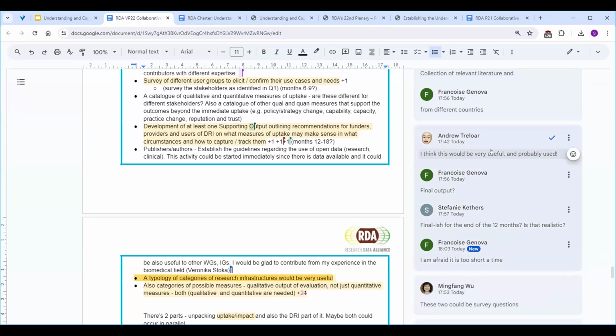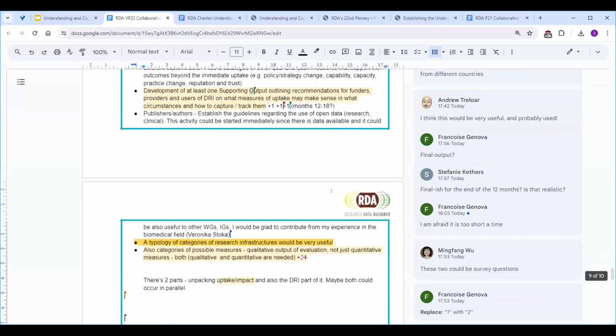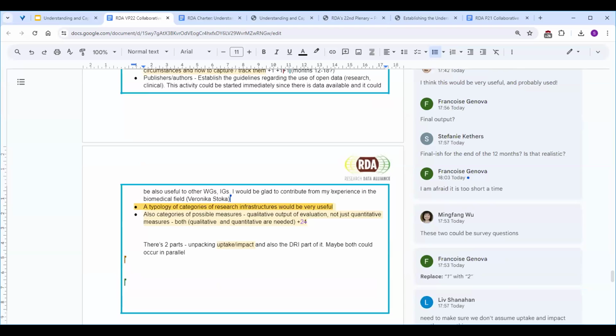Well, basically, in my experience, and that's the reason I suggested really focusing on this area, it is the use of the data by the authors, yeah? Yes, exactly.